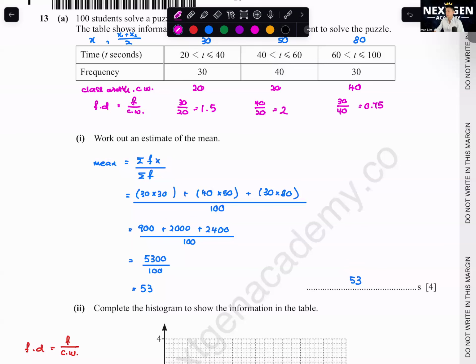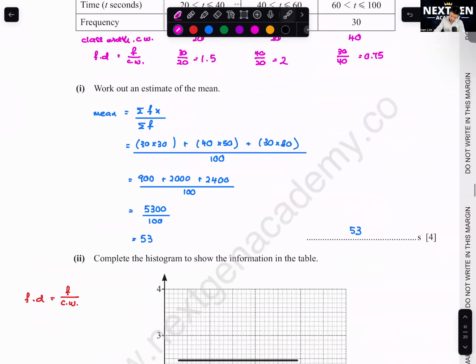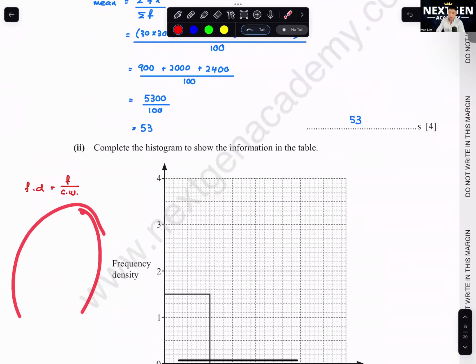0.75. Okay. Some of you may ask us, do we need to write the working or not? To be safe, please write it. Where to write it also, I think here would be best.